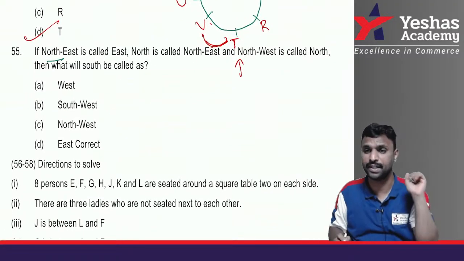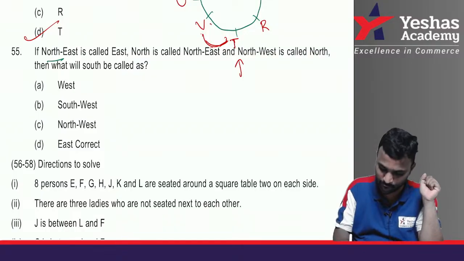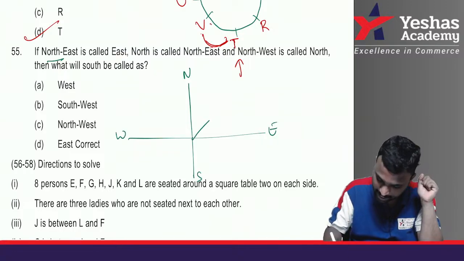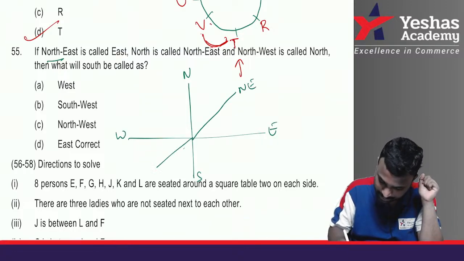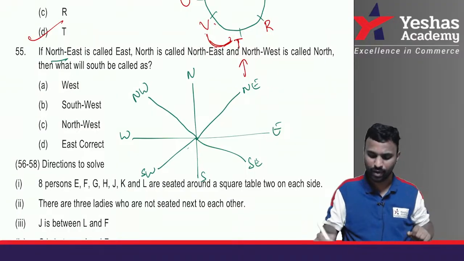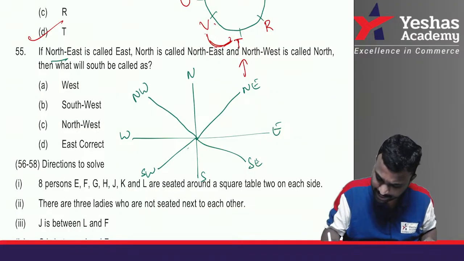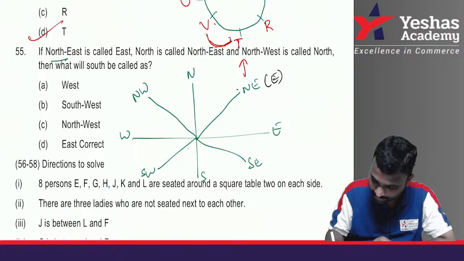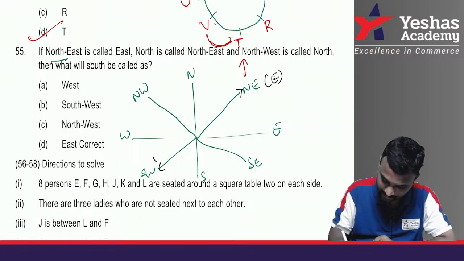If northeast is called east, guys, what you do for such questions is, first of all, mark north, east, south, and west. And this is northeast, this is southwest, this is southeast. And what about this? This is northwest. All right, what they've said, northeast is which one? East. So if this is east, definitely this side will be west.